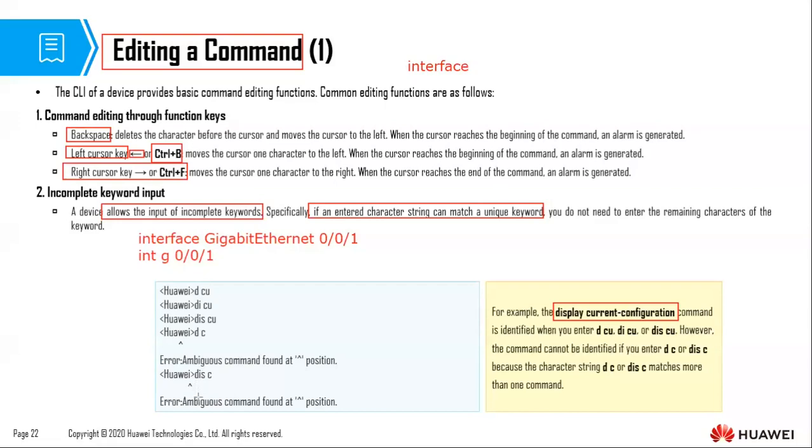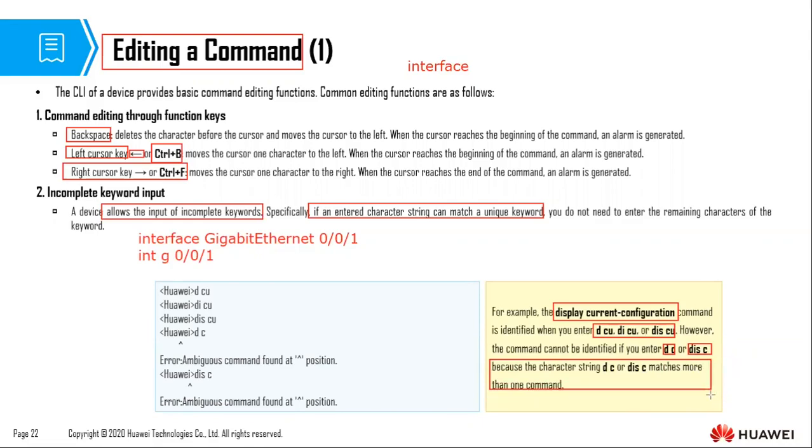You can type either of these short forms, DCU or DICU or DISCU. However, the command cannot be identified if you enter D and C or Ds and C, because the character string DC matches more than one command.